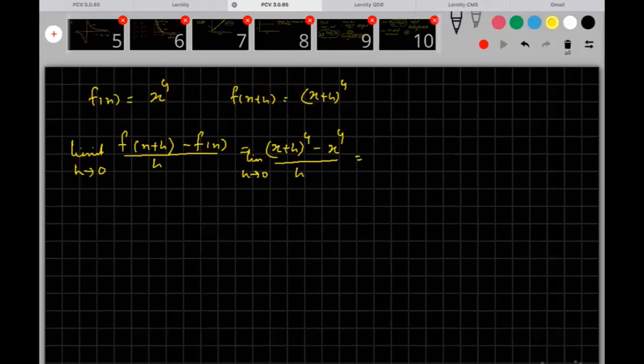Now this is a power 4 minus b power 4, which can be written as x plus h the whole square plus x square, into x plus h the whole square minus x square, by h.